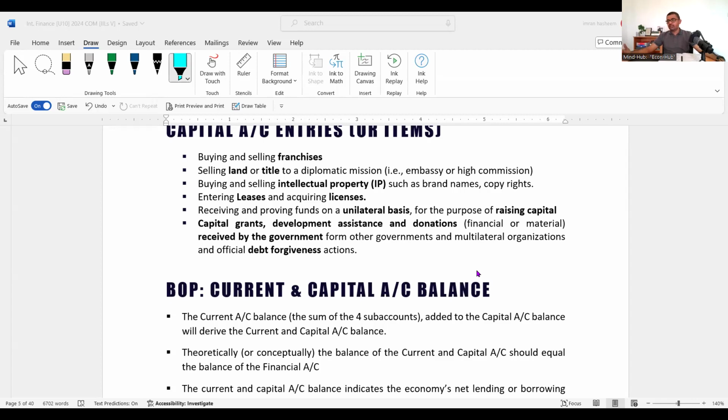Then receiving, not receiving, providing. So adjust that. Providing funds on a unilateral basis for the purpose of raising capital, right?